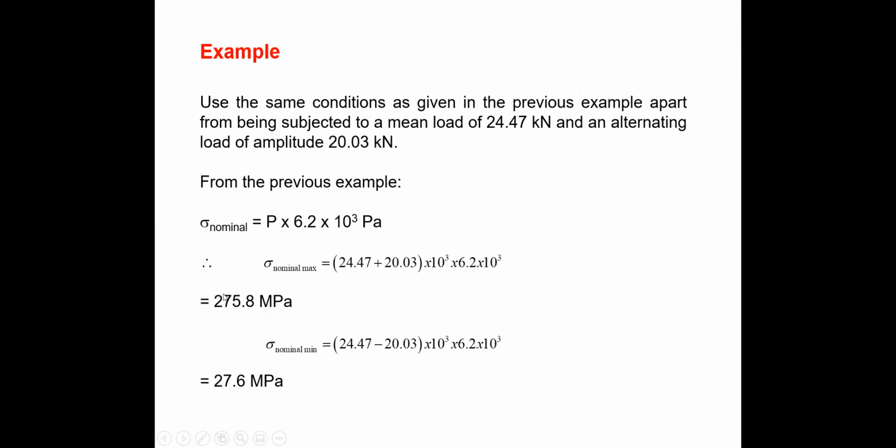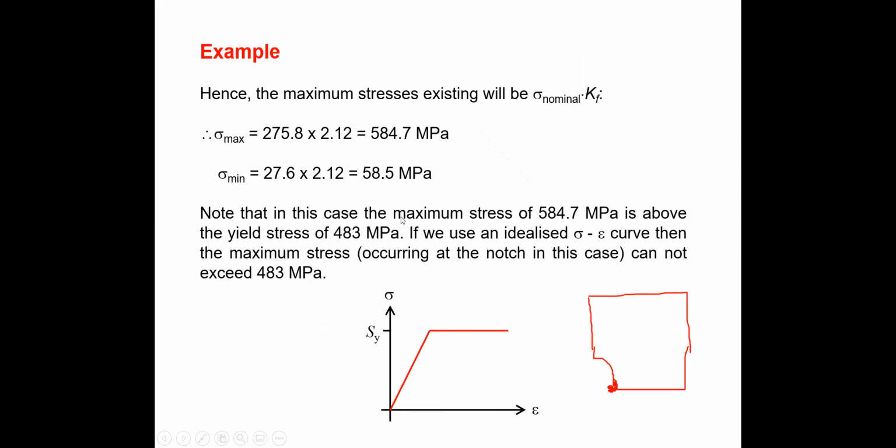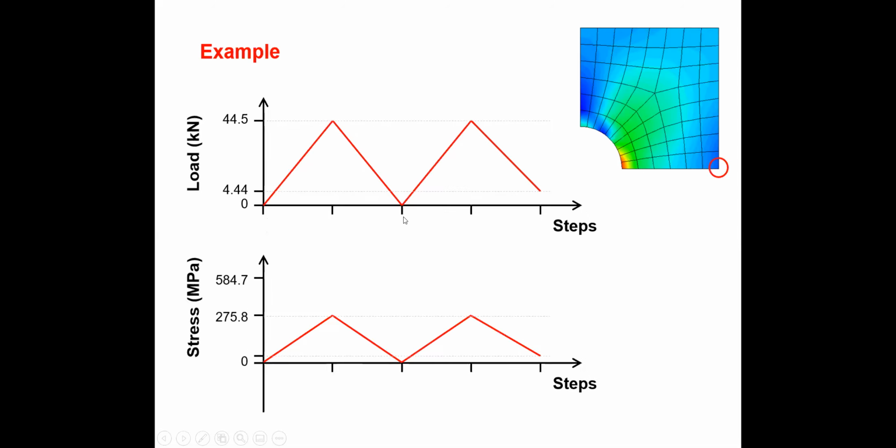In this equation, you can apply the maximum nominal stress as 483 and divide by this value, you will get the load value. Okay, that is the maximum load you can apply as a preload. Are we clear? So you can't apply beyond that preload because then the whole cross section is ready to yield. That's why.